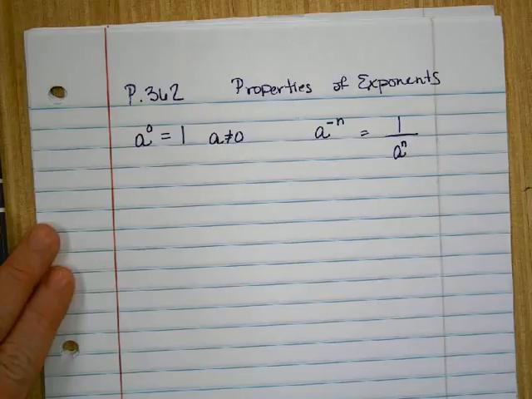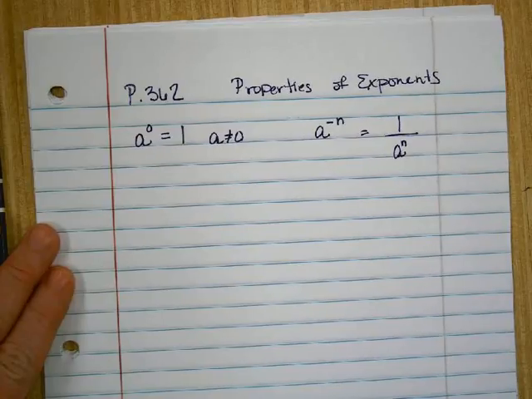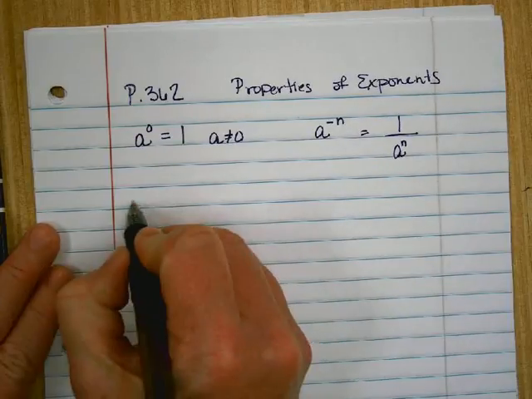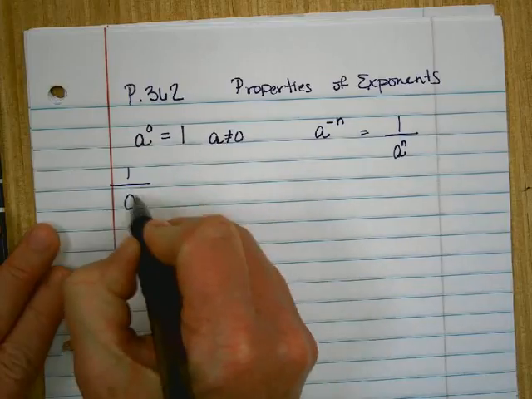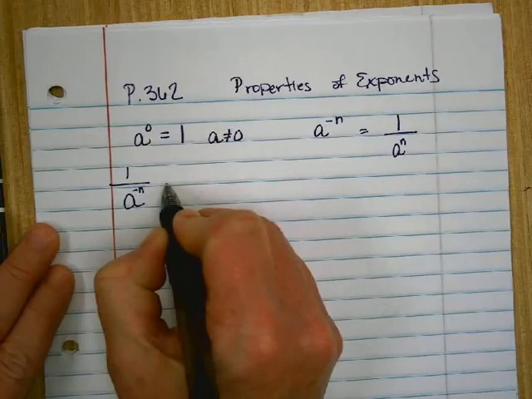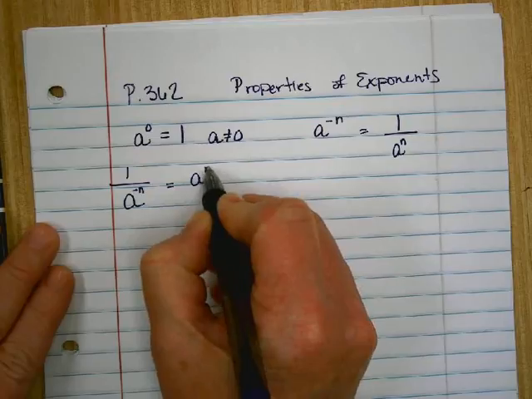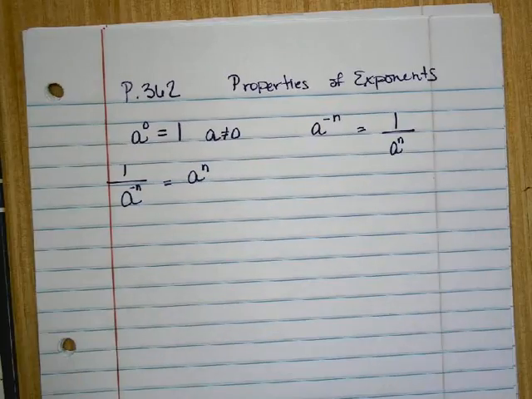So a to the negative n is equal to 1 over a to the n. If I had 1 over a to the negative n, then I would move it to the top part of the fraction. I wouldn't need anything underneath it. So it's not necessarily moving it up or down, just to the other part of the fraction.